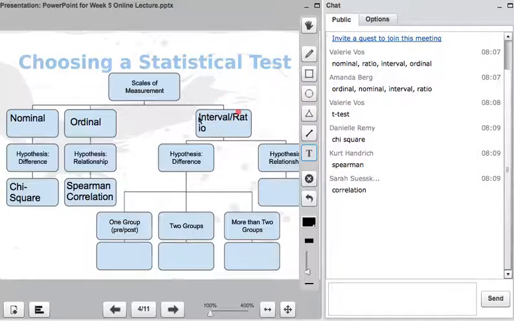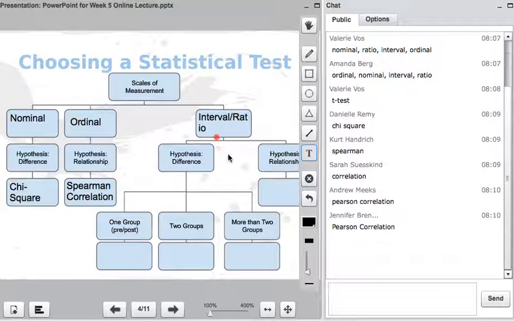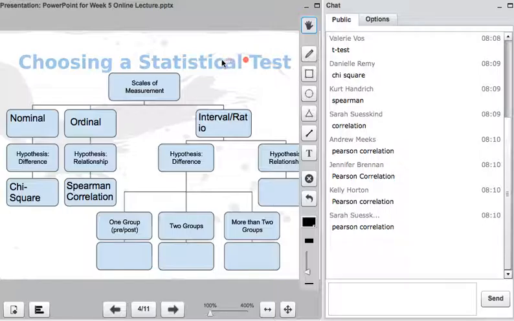Okay, so here we have interval ratio data. We have another hypothesis, which is relationships. So what would go here? Perfect. So over here we've got the Pearson correlation.